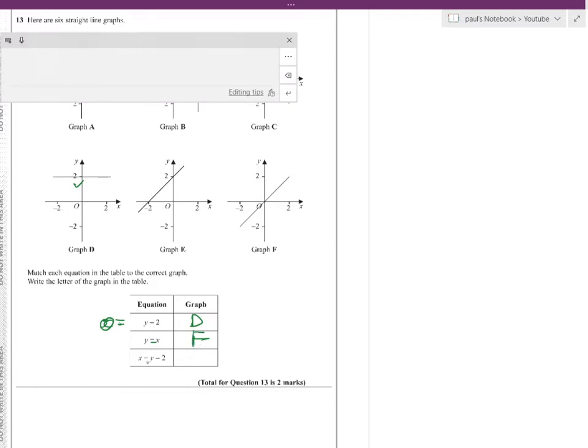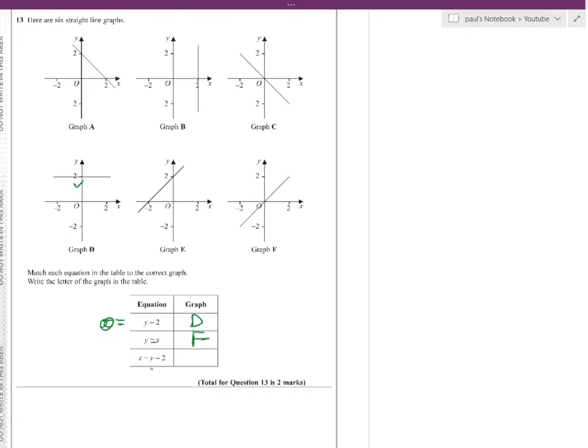Y minus x minus y. Is that equals as well? Not really sure what that is. I don't know whether that's an equals or a plus. I think it's an equals, but then I put that there. X equals y minus 2. So if y was 2, then x would be 0.